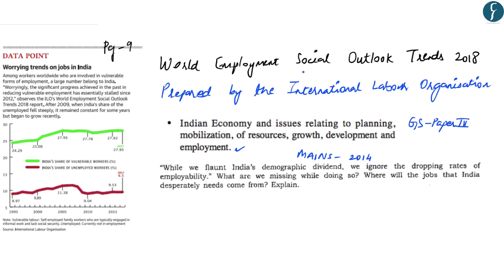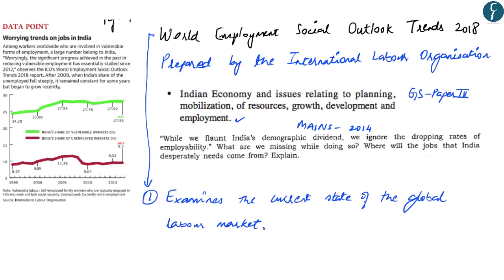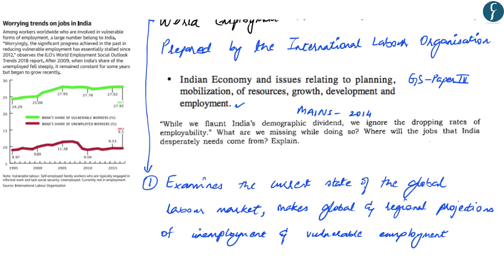First of all, we should know what is the main focus of this World Employment Social Outlook Trends report, which is prepared by ILO. So this report basically examines the current state of the global labor market, and it assesses the most recent developments in the labor market, and thus it makes global and regional projections of unemployment and vulnerable employment.